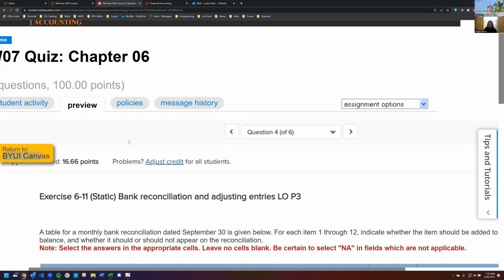If we're adding to the book balance, it's anything that was a deposit that shows up on the bank statement that we did not record. So a collection of a receivable that we didn't know about would usually be on the bank statement, but not on the books, and so that would be an add.